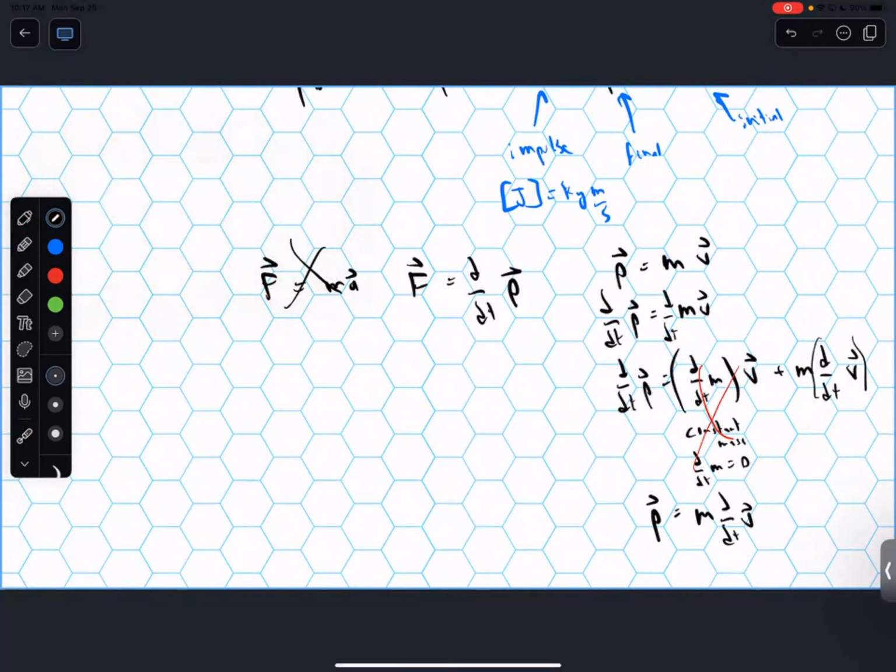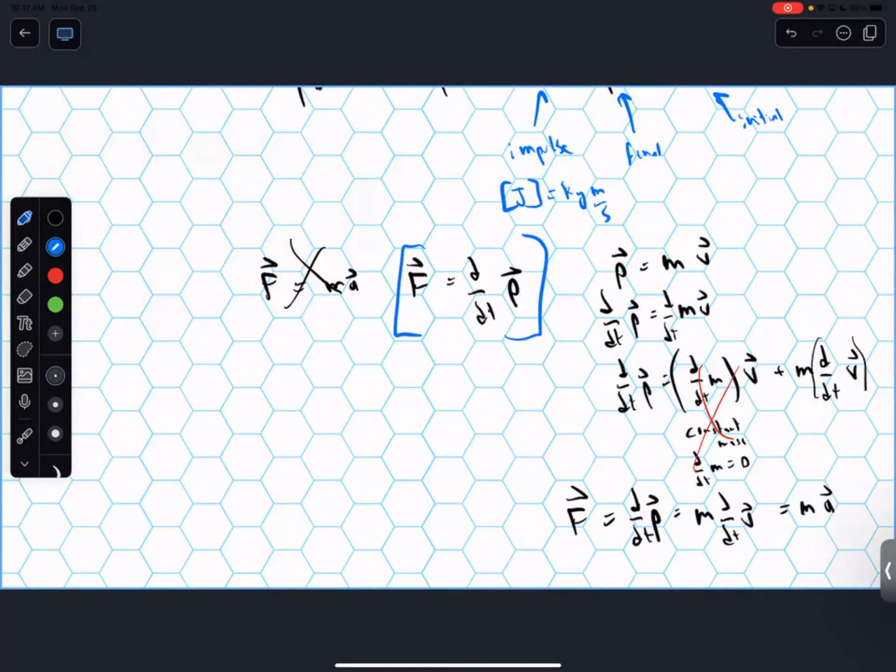So d dt of p equals mass times acceleration, which is exactly what we saw before. This is consistent with Newton's second law, but we're going to use a slightly more general definition that captures the idea that any time I have a change in momentum, it's because a force acted on my system.